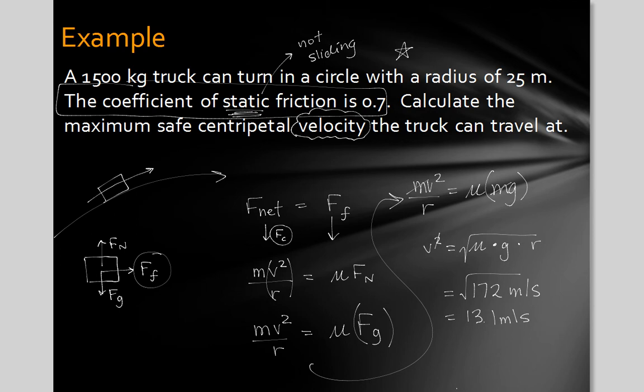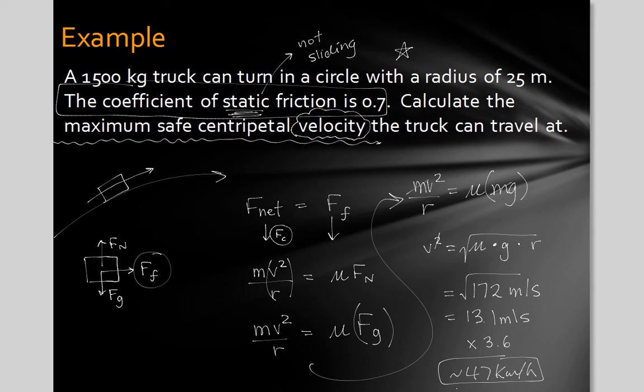Now I'm just going to multiply this value by 3.6 to get the kilometers per hour. And it's about 47 kilometers per hour, so about 50 kilometers per hour. Now I want you to think about if you were taking a turn with this radius, it says maximum safe velocity.